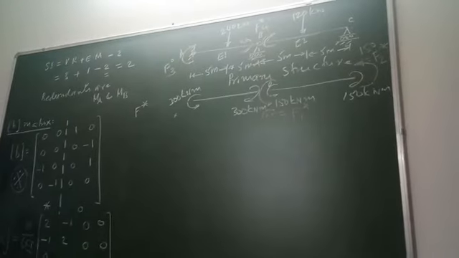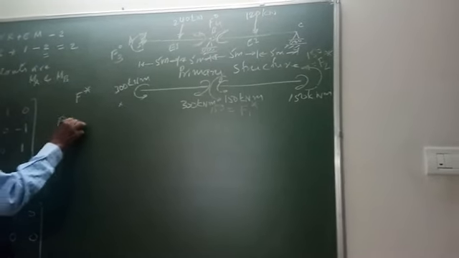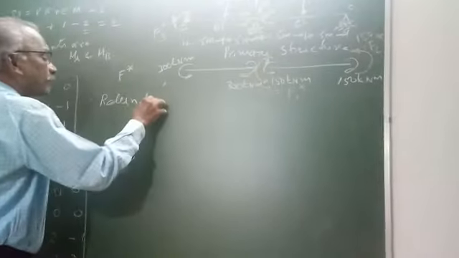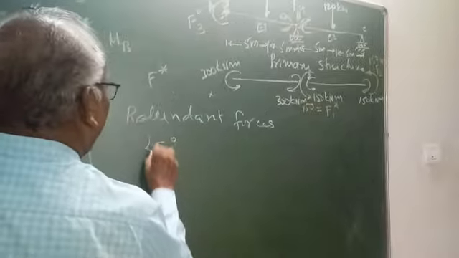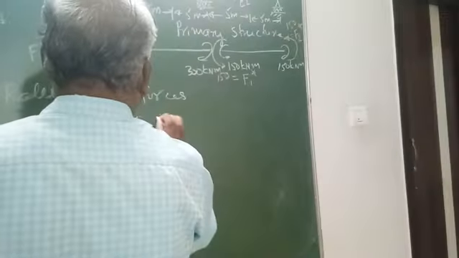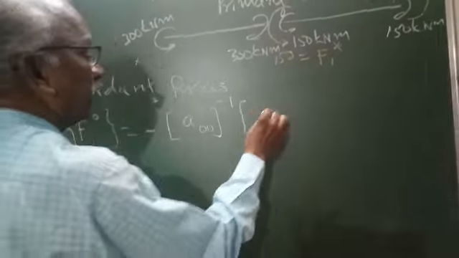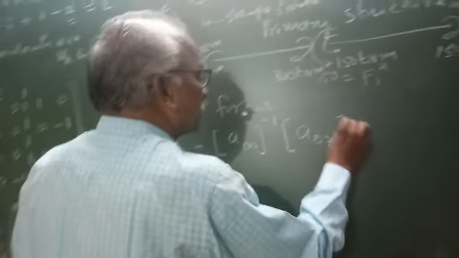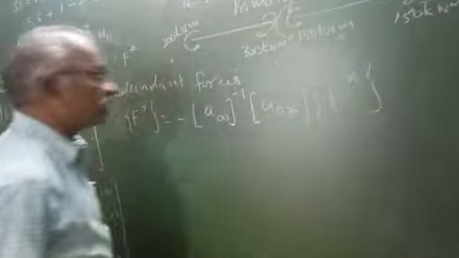Now we can straight away find out the redundant forces. Redundant forces F naught equal to minus A naught inverse A naught star into F star. This is the formula we have already discussed.